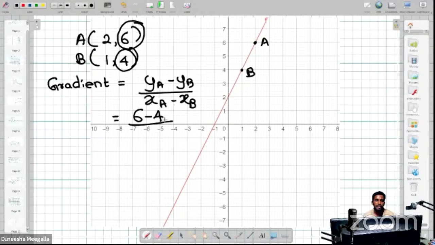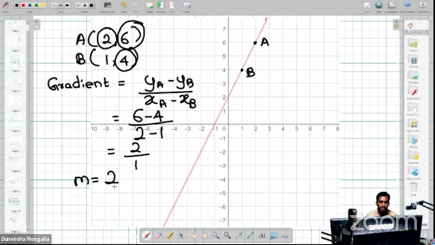Then we divide by the x coordinate of point A, which is 2, minus 1. Then 6 minus 4 is what? 2. And 2 minus 1 is 1. So m, the gradient, is 2, isn't it?